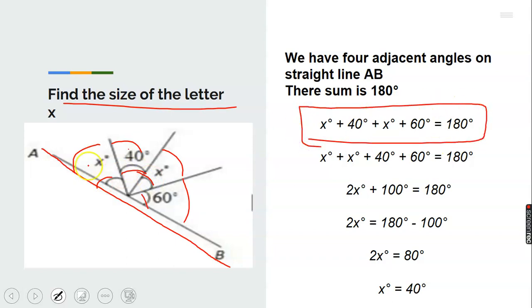Now, x plus 40 plus x plus 60 equals 180. Now, rearrange it: x plus x equals 2x, and 40 plus 60 equals 100.